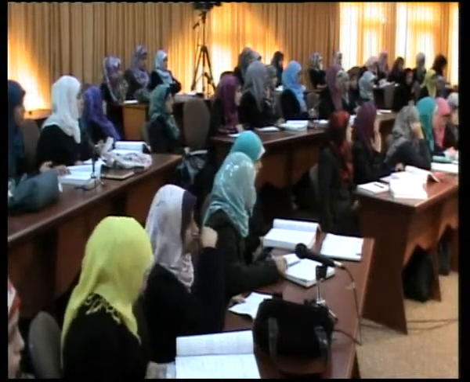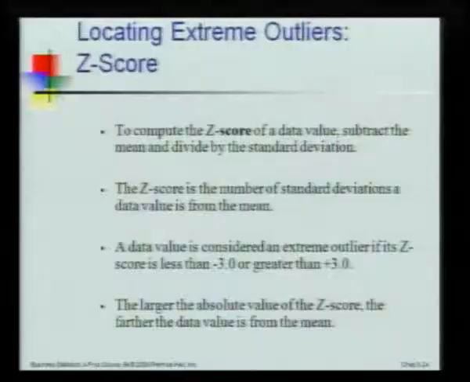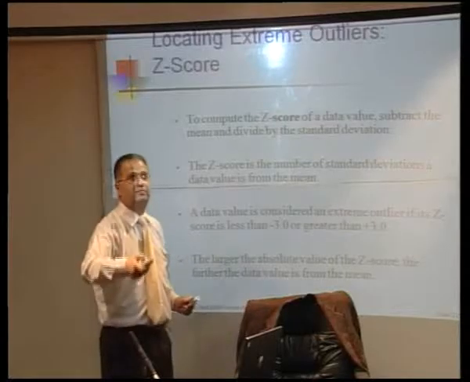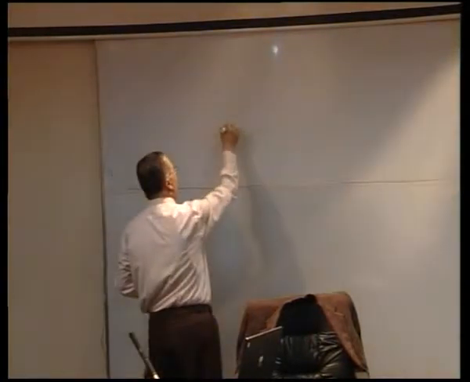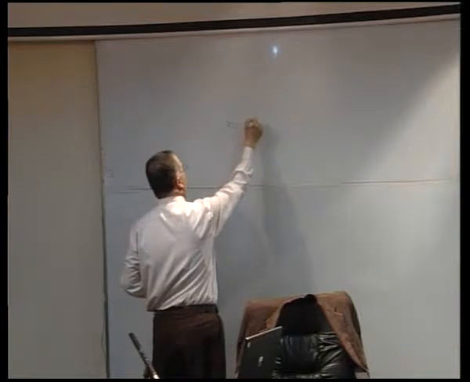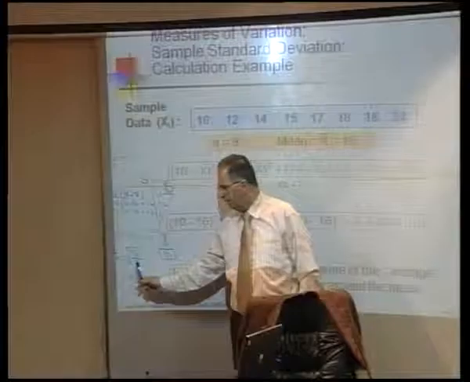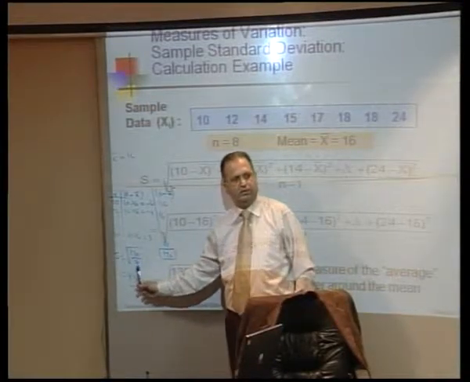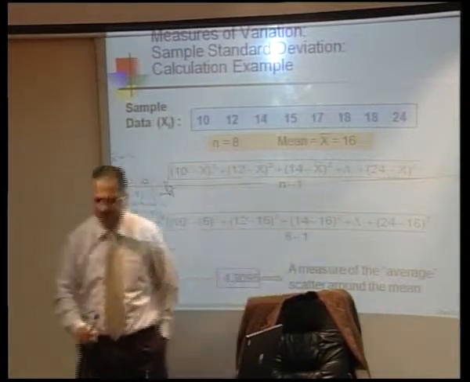Again, the first step is to find the deviation of each value from its mean, then square each one, and add these values together, which gives 130. The standard deviation is just the square root of 130 divided by n minus 1, which is 7.